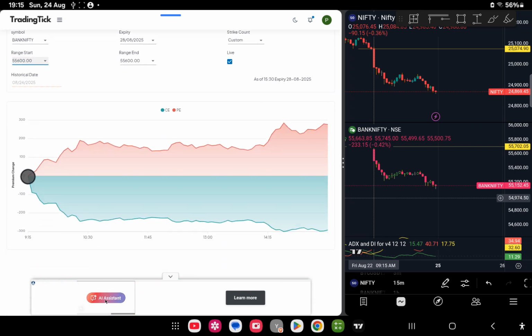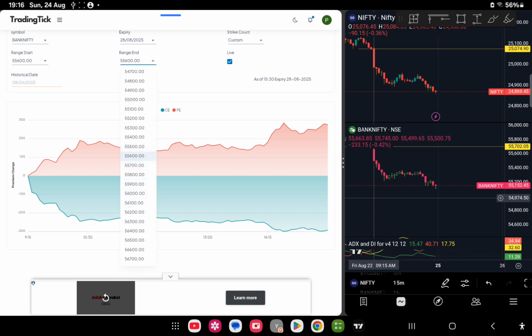Okay, now here you could check from almost 10. Here sellers were winning up till 2:10, and at 2:35 the buyers were trying to push the market, but they were unsuccessful. At last sellers were winning with a very small margin.